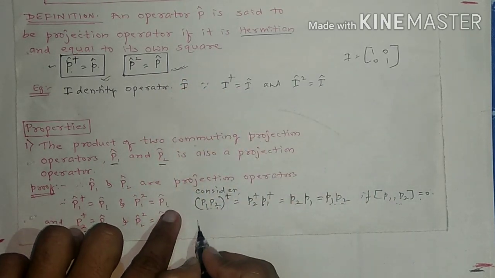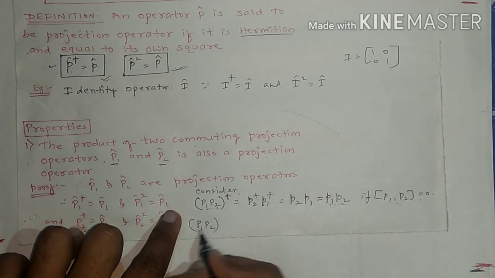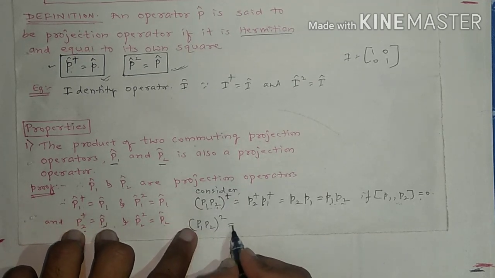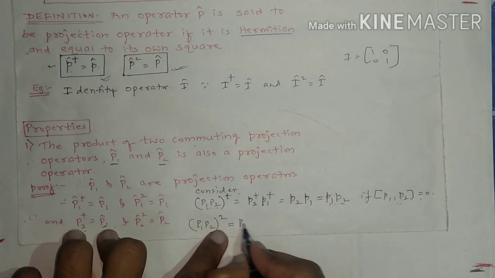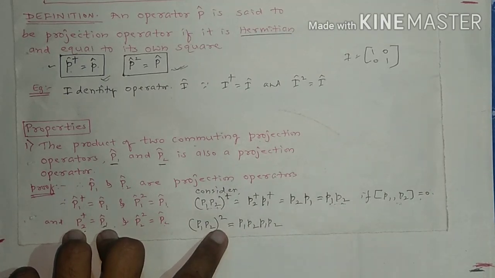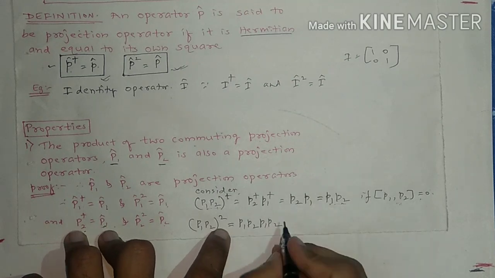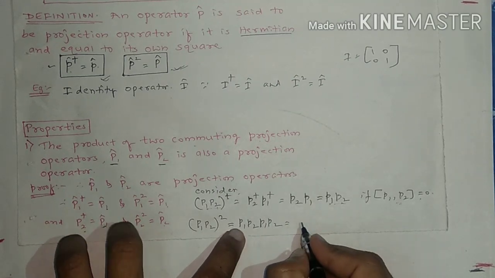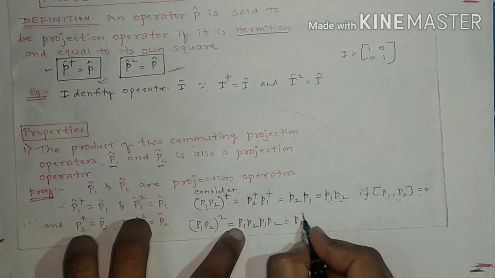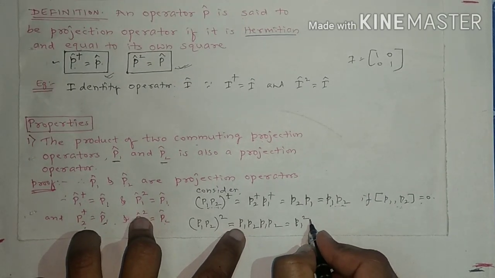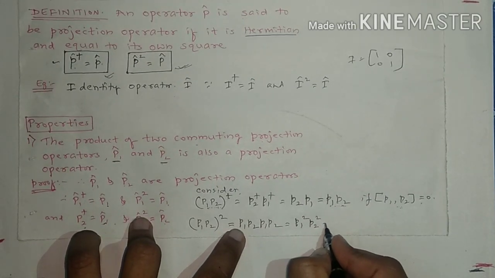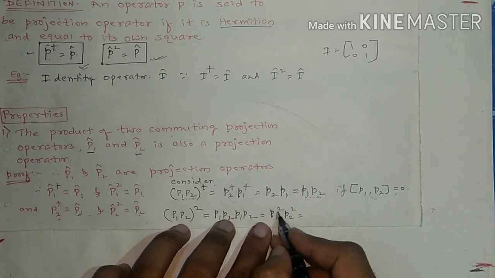So let us take P1 P2 square. So this will be P1 P2 into P1 P2. So this will be P1 square P2 square.